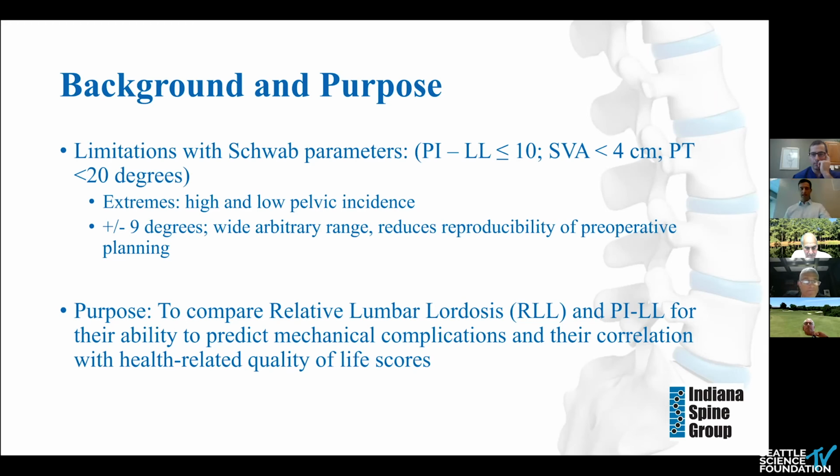It also had this arbitrary plus or minus 9 degrees that prevented doing things in a reproducible manner in terms of preoperative planning. And so what they tried to do here is to compare the relative lumbar lordosis and mismatch and their ability to predict mechanical complications and their correlations with health-related quality of life scores.